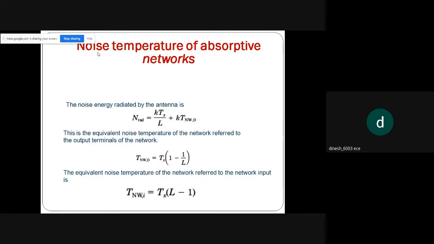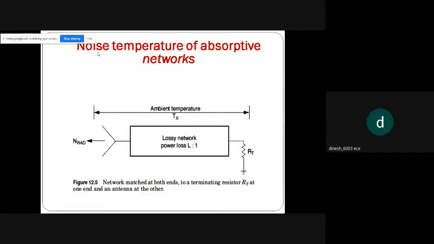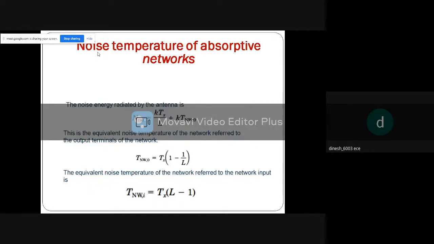The noise generated by this absorptive network can be obtained by this design equation. The radiated noise N_rad is equal to K Tx divided by L plus K T_NW,0, where K is the Boltzmann constant and Tx is the ambient temperature, the nominal temperature being measured, or the desired temperature for efficient satellite link communication.